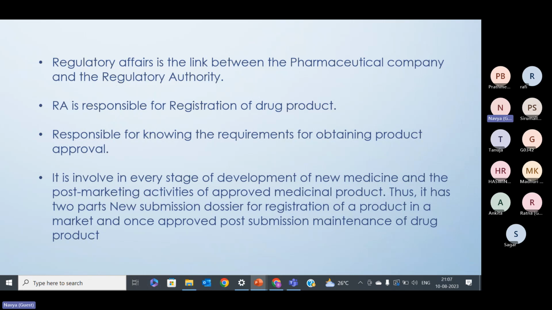For that we have post-approval submissions, which include variations, renewals, COOs, MAH transfer and other things. So it has two parts: new submission, where you prepare the entire dossier, and post-submission. These are the major functions of regulatory affairs.